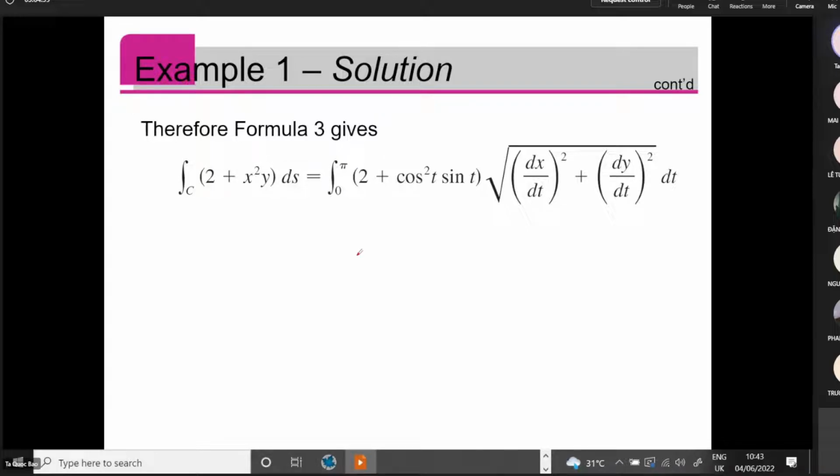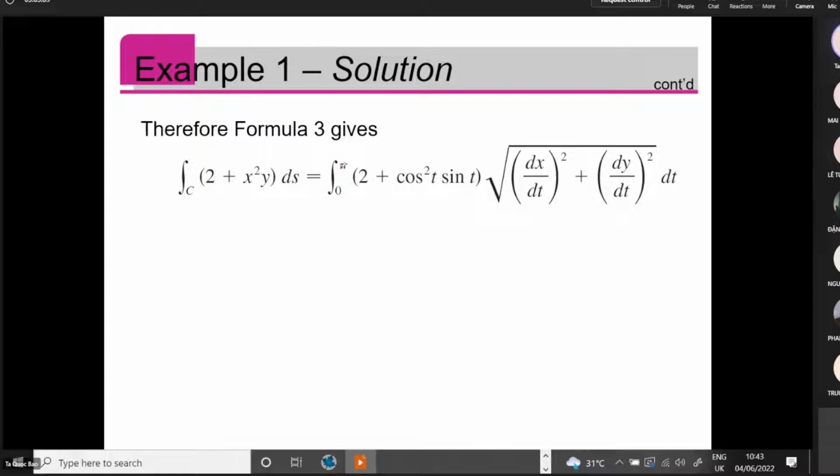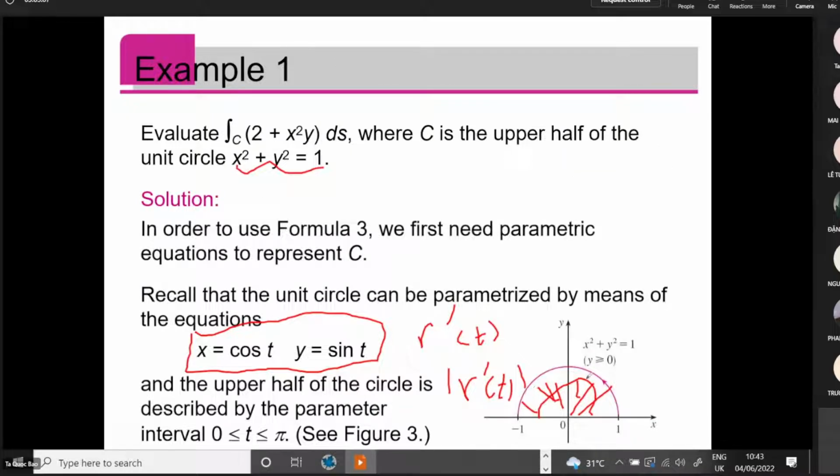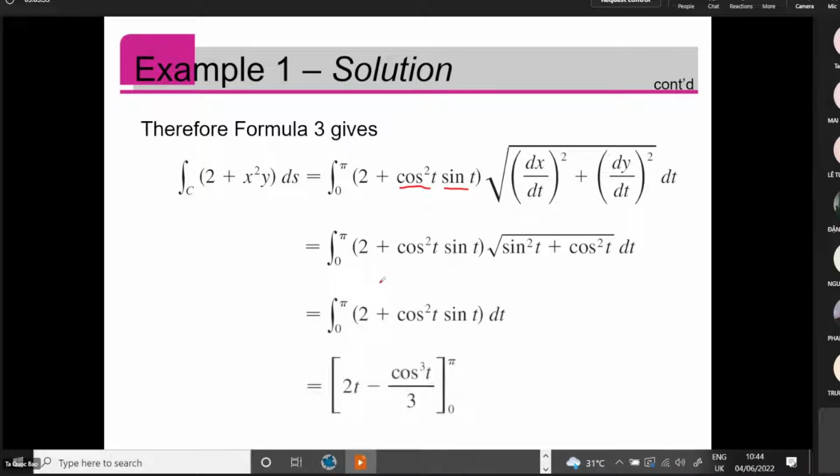So now you can see t from 0 to pi, because this curve is a half of the circle. Therefore, t from 0 to pi, and the length is the square root of the x derivative squared plus the y derivative squared, which is the length of the derivative r'(t). Then we get this result.